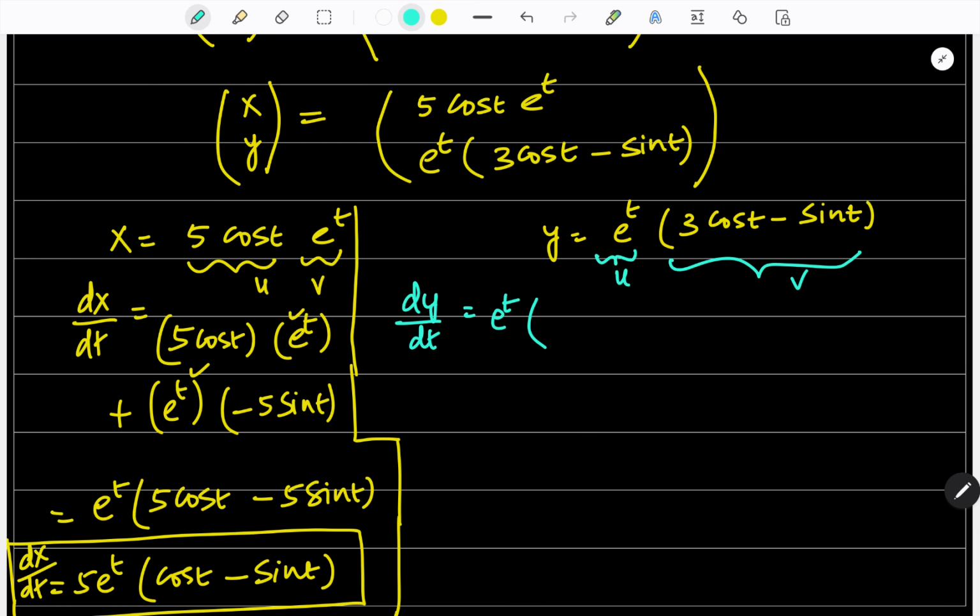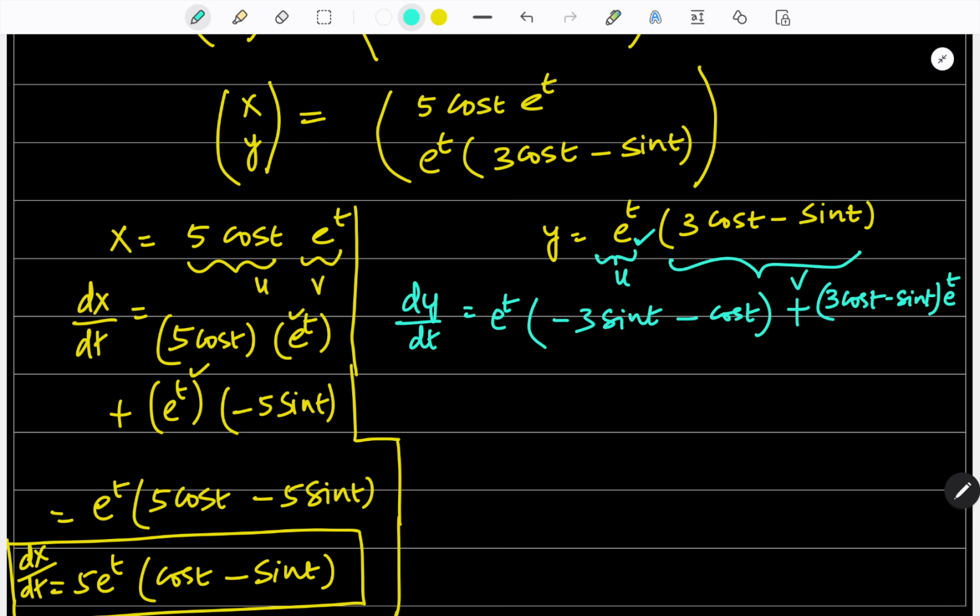Come on, take the derivative. So minus 3 sine t and then minus cosine t, because derivative of sine t is cosine t. Plus, keep this 3 cosine t minus sine t and then derivative of e power t is e power t.